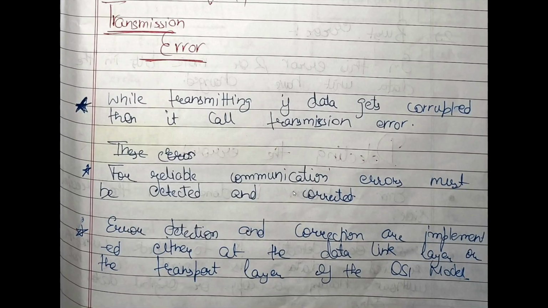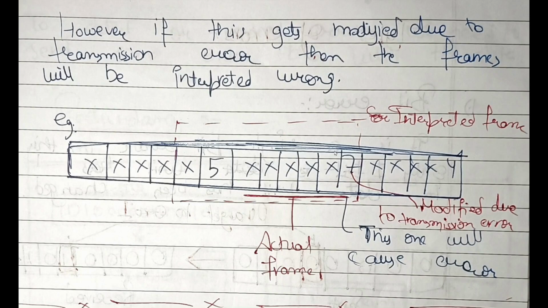Now what is transmission error? While transmitting, if data gets corrupted, then it is called transmission error. We just saw here that this 5 got modified into 7. This is also a kind of transmission error, where your data changes while you are transmitting something.